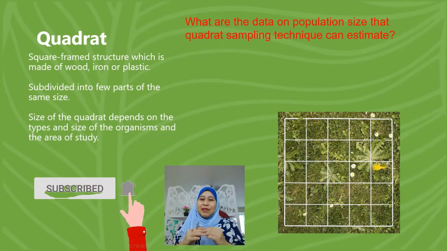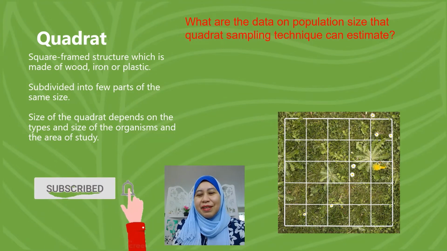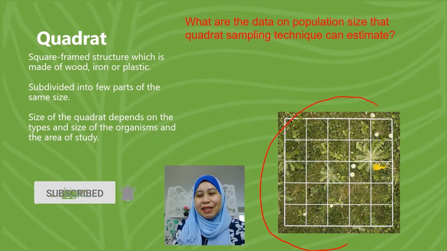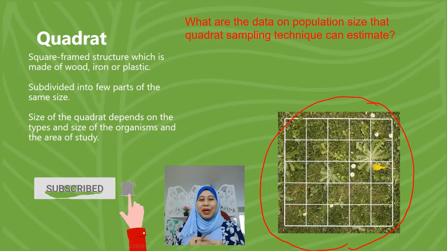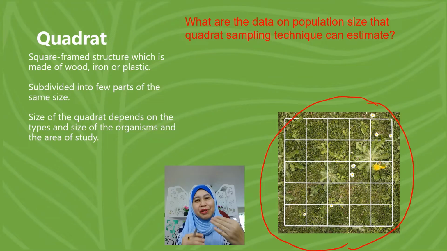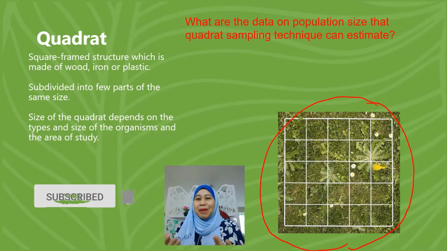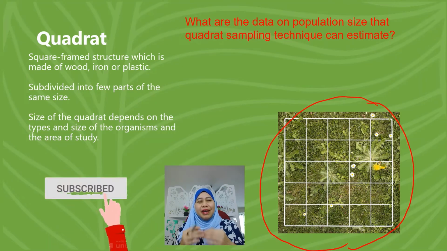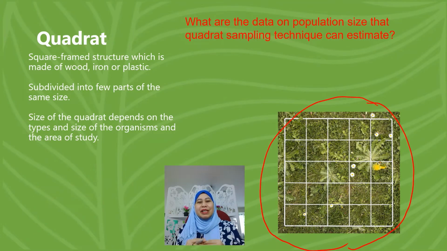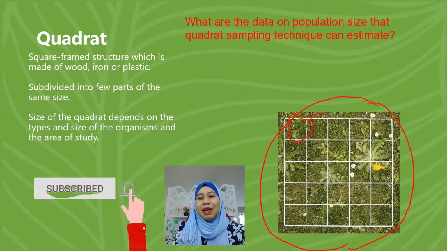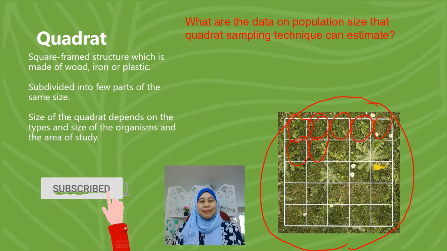Right, just now I mentioned quadrat. So what is a quadrat? You can see the picture here. This is a sample of a quadrat. A quadrat is a square frame structure which you can make out of wood, iron or plastic. And a quadrat normally we can subdivide into a few parts, and these parts are the same size.